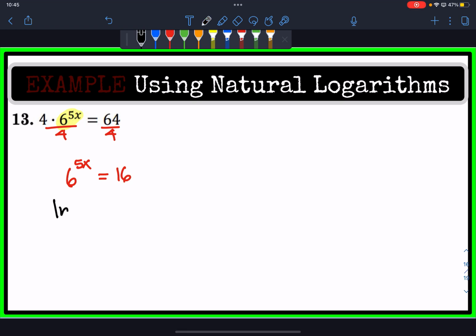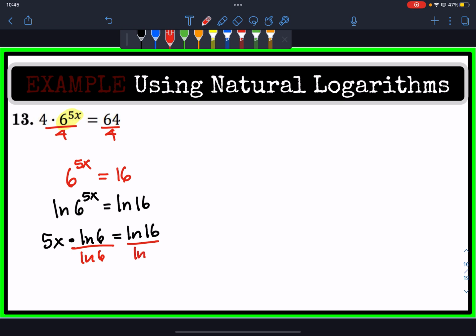We're going to take the natural log of both sides. We're going to divide by the natural log of 6. And this reduces to 1. So we're left with the following equation. We have 5x equals the natural log of 16 divided by the natural log of 6.